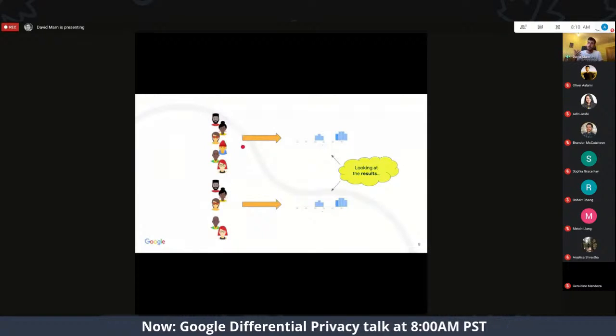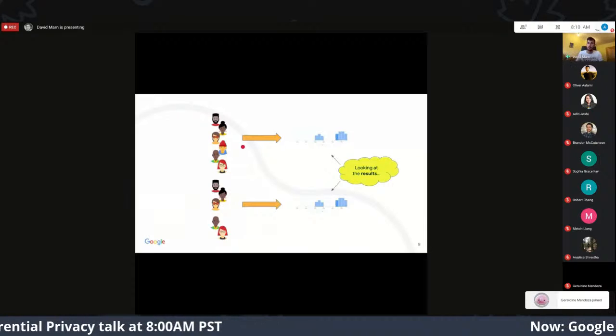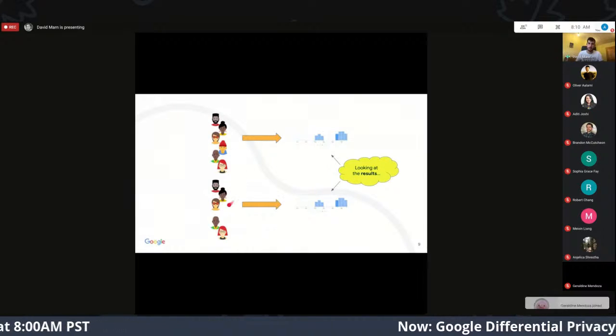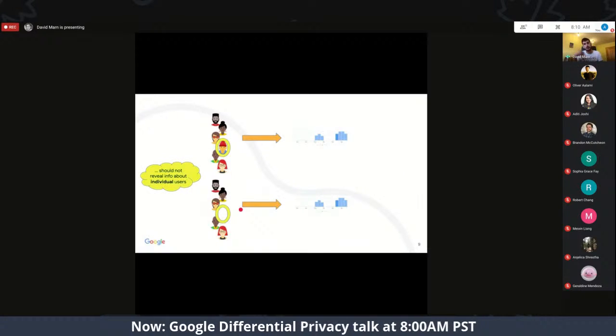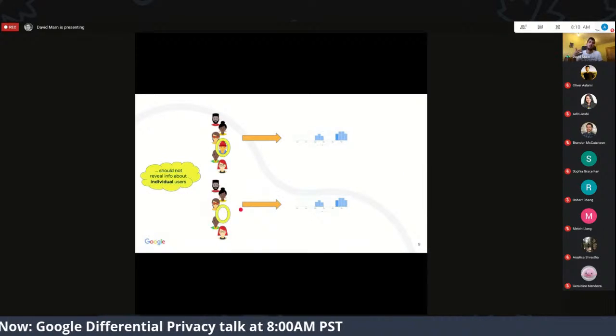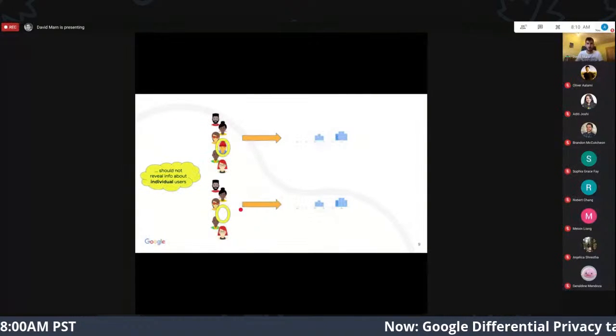And if these results are sufficiently similar, then we're not able to say anything about this missing individual in the second data set. So we're protecting the privacy of each individual user while still publishing useful results at the end.